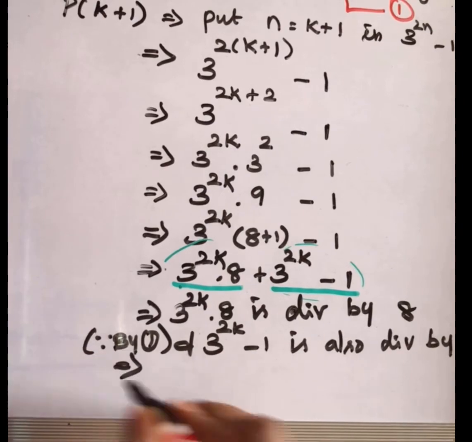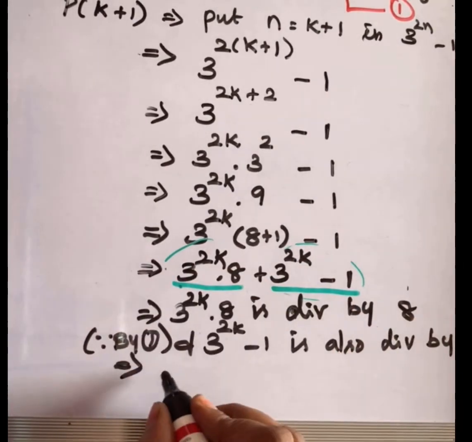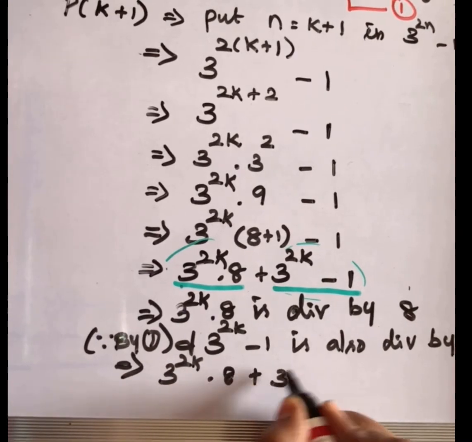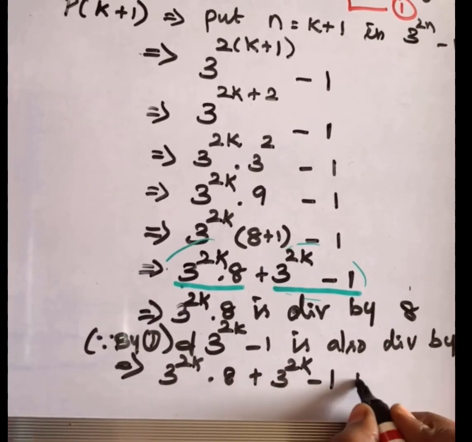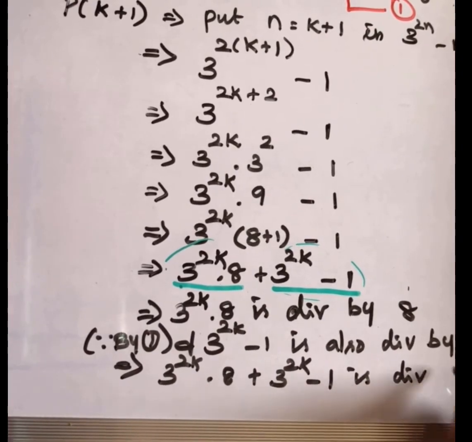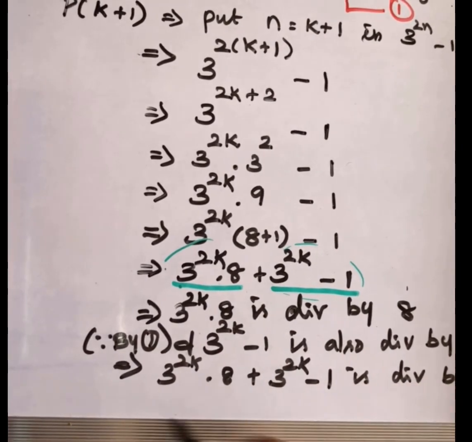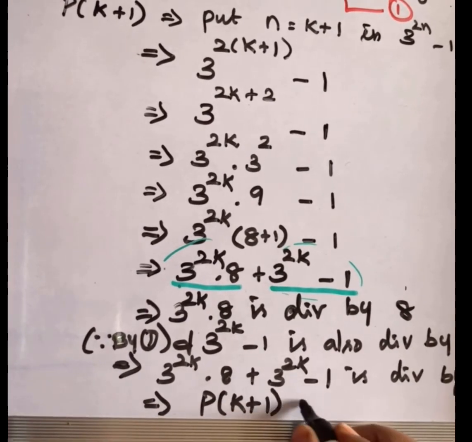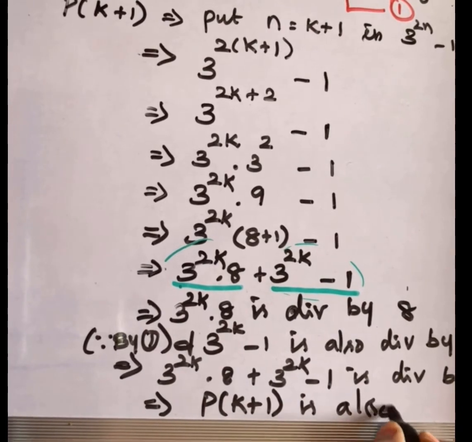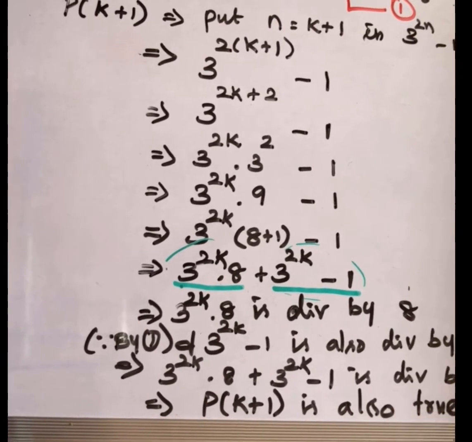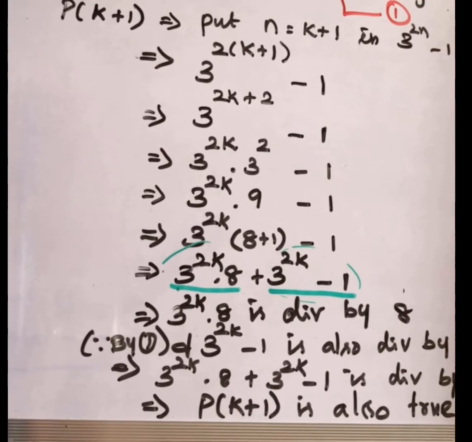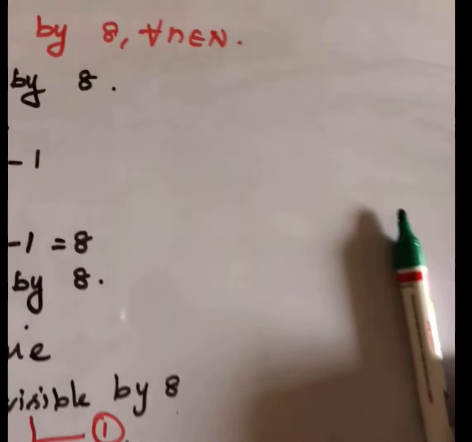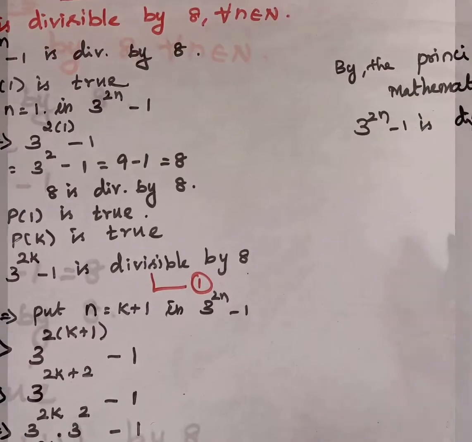That implies this whole expression, 3 power 2k into 8 plus 3 power 2k minus 1, is divisible by 8. So, P of k plus 1 is also true. Therefore, by mathematical induction, we proved that 3 power 2n minus 1 is divisible by 8.